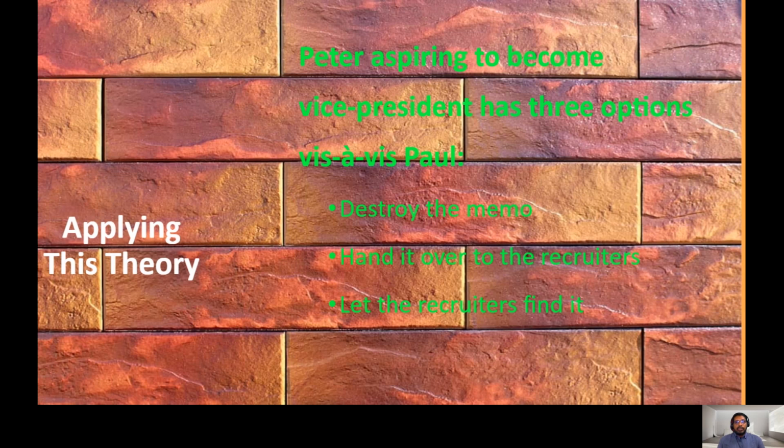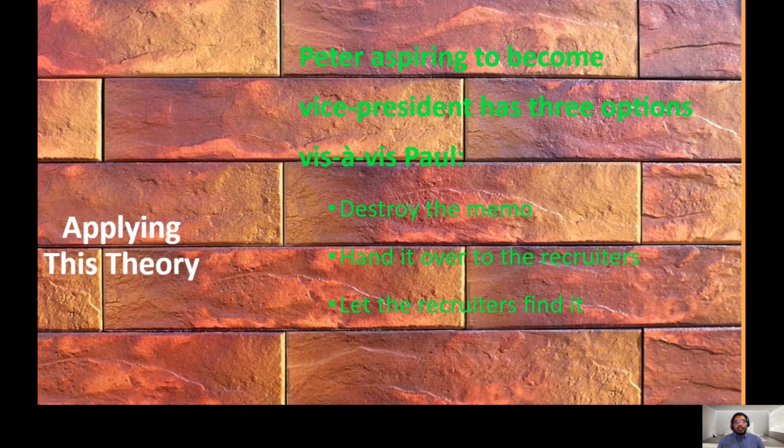Now, if the recruiters get it, that will go against Paul, but that will be in your favor. Now, you are an ethical egoist. You have three options: destroy the memo, hand over the memo to the recruiters, or let the recruiters find the memo on their own. You make some moves by which you make sure that they get it in their hands.